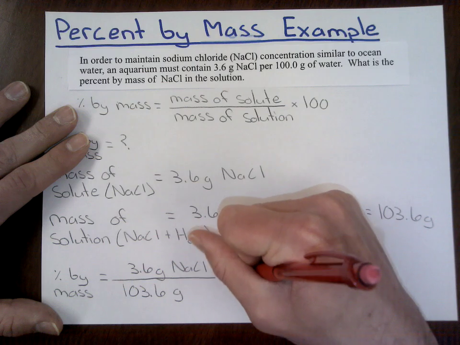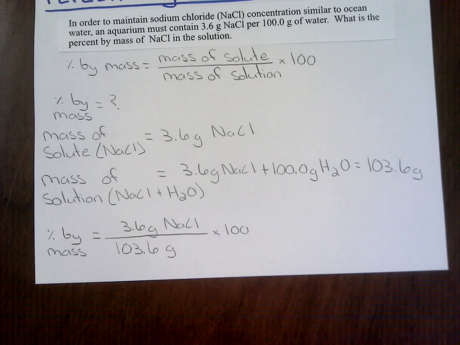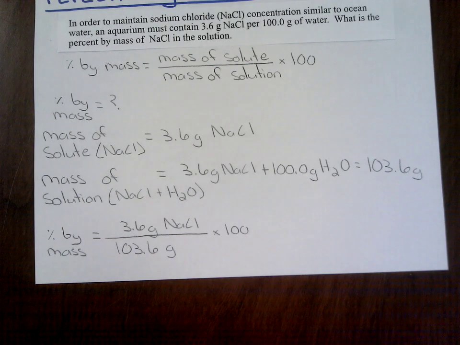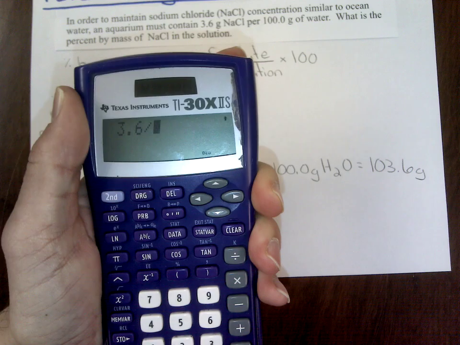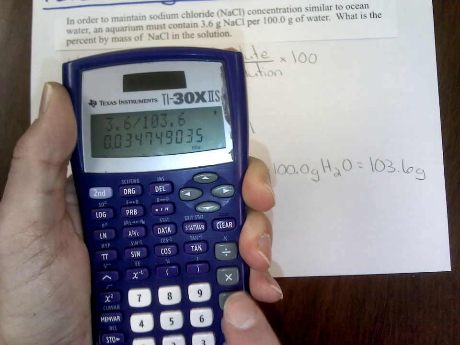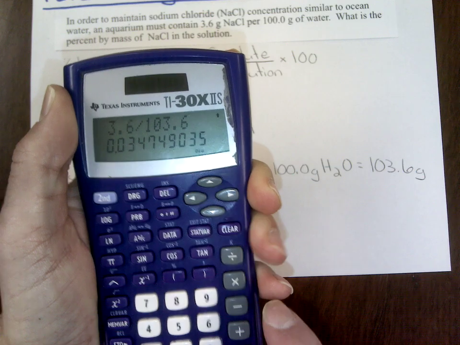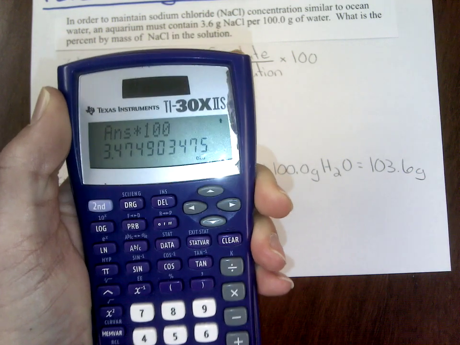We then need to multiply that by 100. So here's how I like to put this into my calculator. I like to put 3.6 divided by 103.6. I press enter. I leave this value in my calculator and I multiply it by 100, because that's what the formula says.